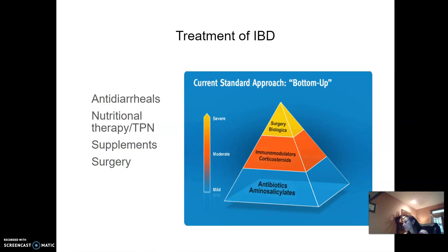As the disease progresses, we may sometimes have to give corticosteroids. We'll go over corticosteroids a lot this semester because they work really well in reducing inflammation and getting the person into remission. But long-term use of corticosteroids is very damaging to the body. It can cause blood sugars to be high.